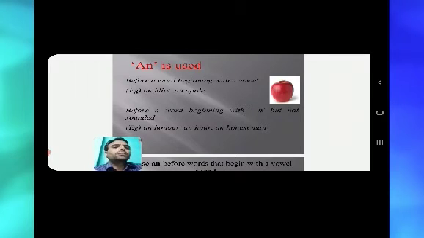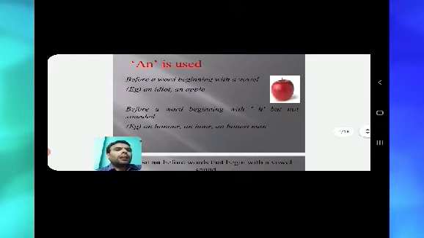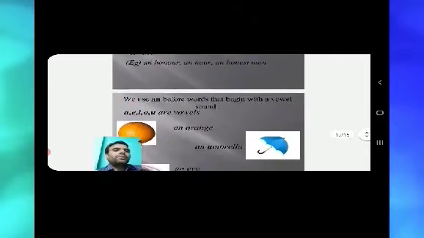So that's why we use an instead of a. For example, an honor. Here the h is not sounded in honor. That's why instead of a, we use an honor, and similarly an honest man.